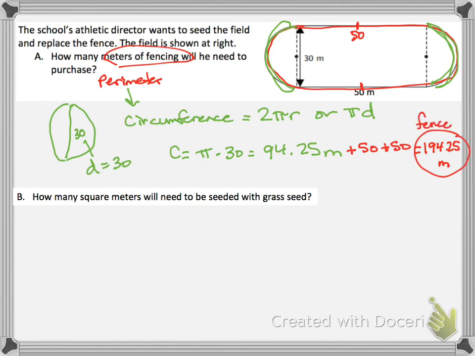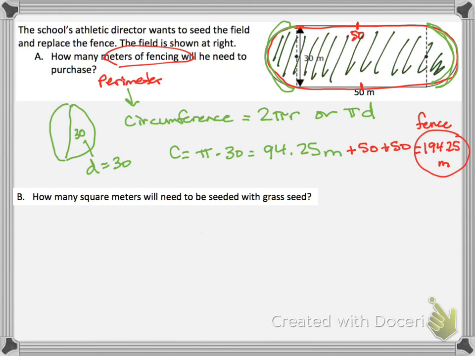All right. Next, we need to figure out how much grass we're going to need to fill up this entire field. In this case, this is another compound or composite area where I'm going to do the rectangle, which is 30 by 50.